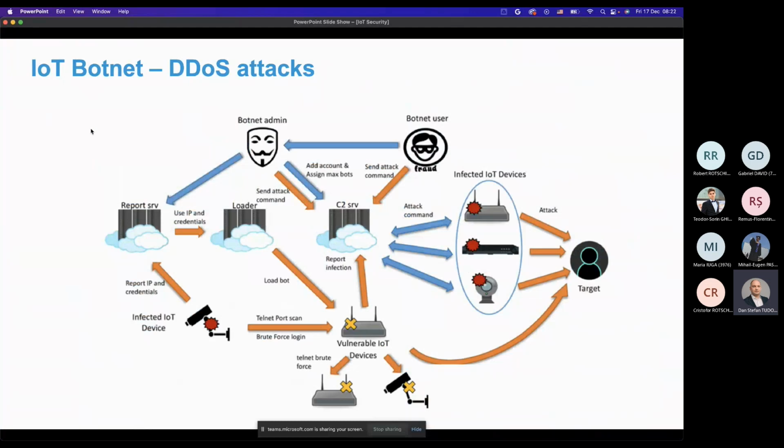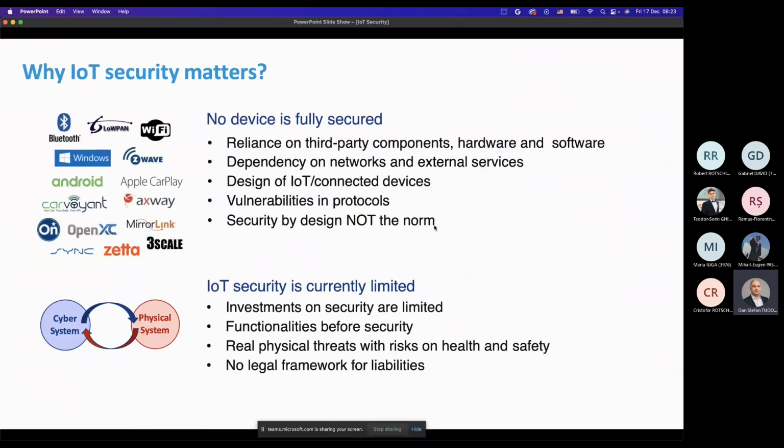But instead of using PCs, it uses IoT devices that become infected with some sort of an exploit, and then they attack a given target. And given the fact that there are a lot more IoT devices in the world than actual PCs, you can coordinate hugely devastating denial of service attacks on a certain target. So you can flood a target with requests from billions of such devices in a very short time period.